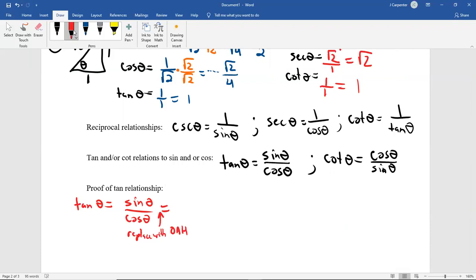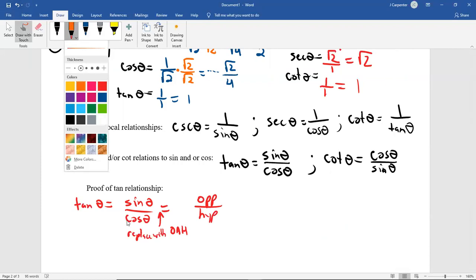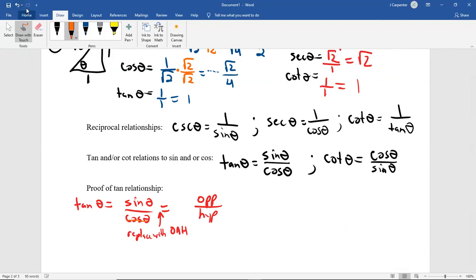So sine of theta, that was S-O-H. Sine is opposite over hypotenuse. So the top of this fraction is going to be a new fraction. It's the opposite over the hypotenuse. And in fact, let me do the bottom in orange. Let's do cosine of theta.